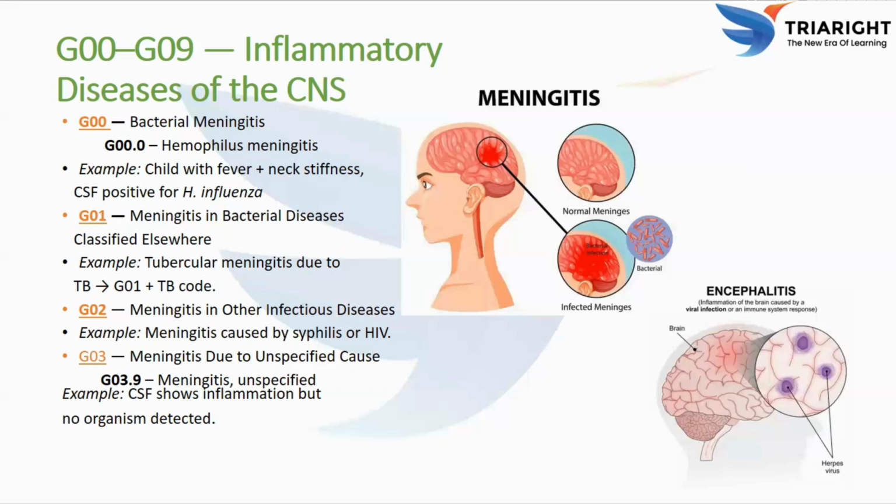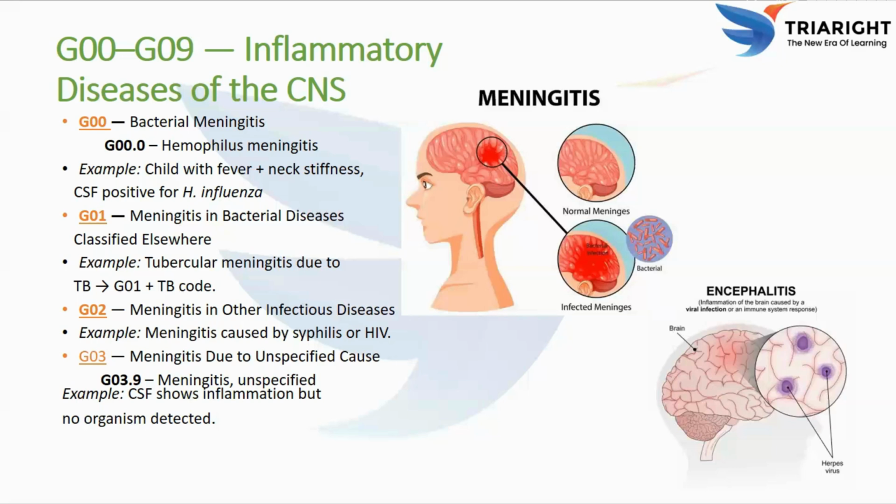So you have to code G02 plus the code for the underlying disease. Next, coming to G03, it is meningitis due to an unspecified cause. That means when the cause of meningitis is not known, you assign the code G03. For example, G03.9, meningitis unspecified. This is used when the CSF shows inflammation but no organism is detected.